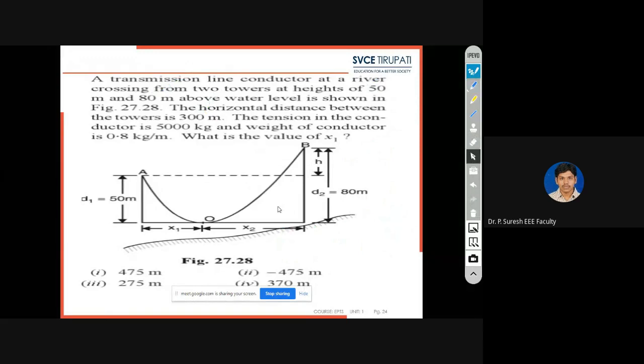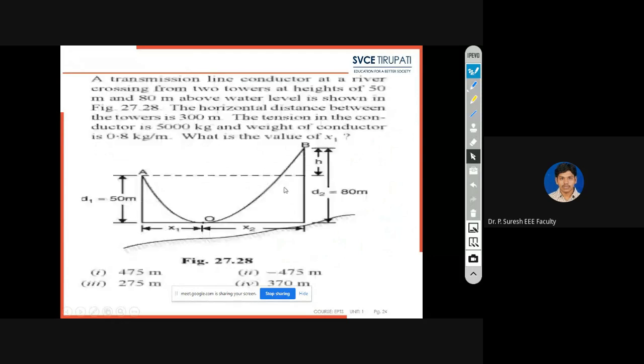Check here, this is the formula. So minus 475 meters is the answer. So how to calculate x2? x1 is minus 475. What is the x2 value?